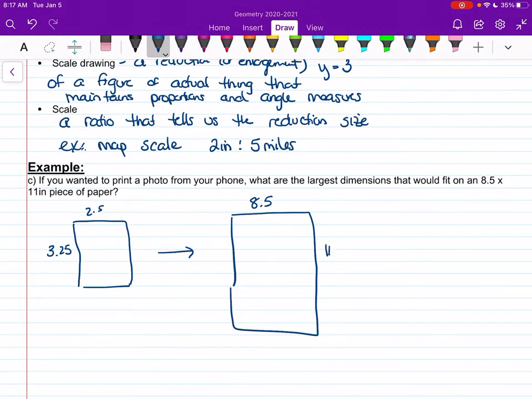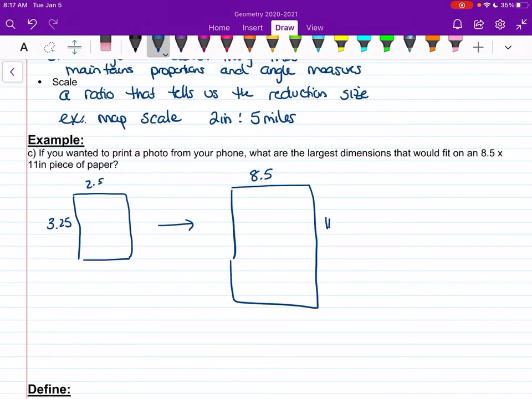Option 1 is if I match the 2.5 to the 8.5, then the 3.25 might not stretch all the way down to make the proportions the same. Maybe it only stretches to there, and I'm going to have a little bit of black space here along the bottom so that the proportions of my photo don't get stretched.